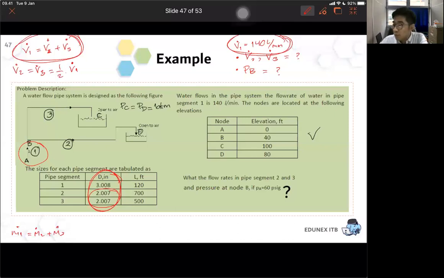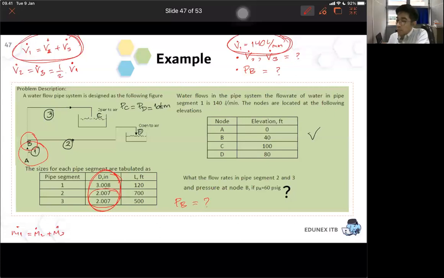Okay, then how to calculate PB? Pressure at point B. Oh, we can use Bernoulli because ada elevation kan, sir, in terms of feet.